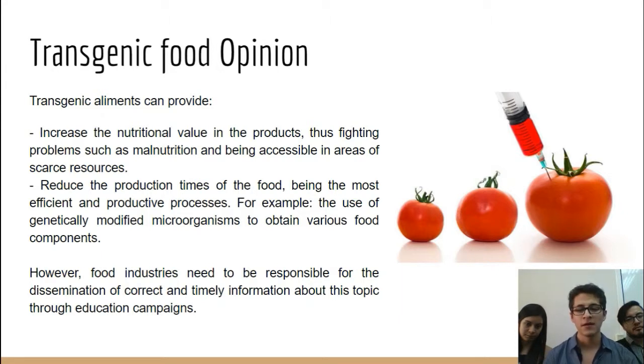For example, the use of genetically modified microorganisms to obtain various food components. However, food industries need to be responsible for the dissemination of correct and timely information about this topic through education campaigns.